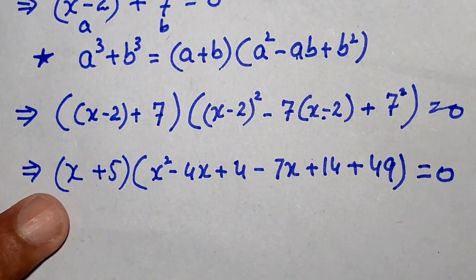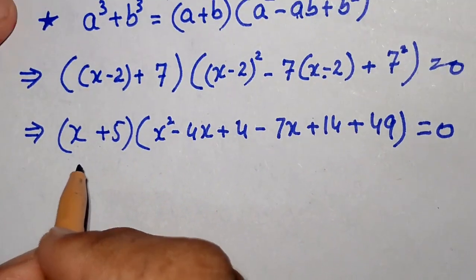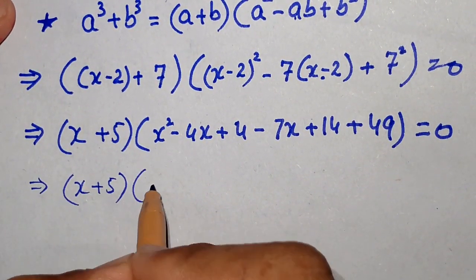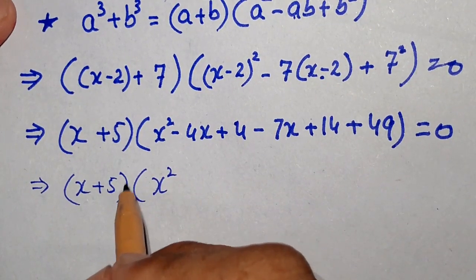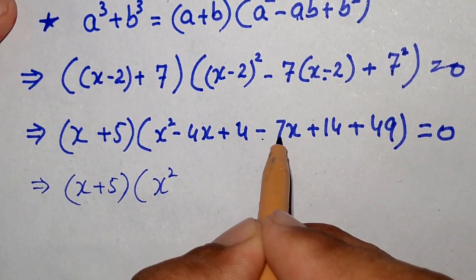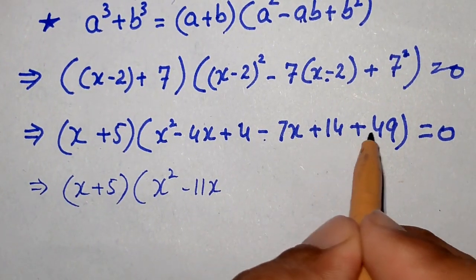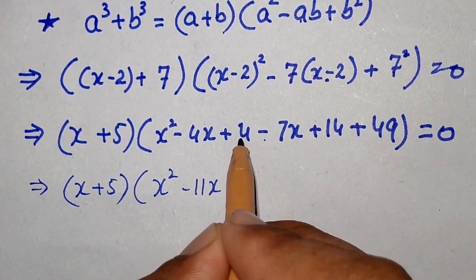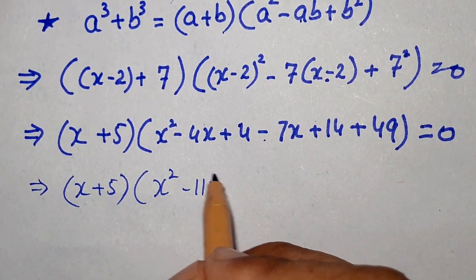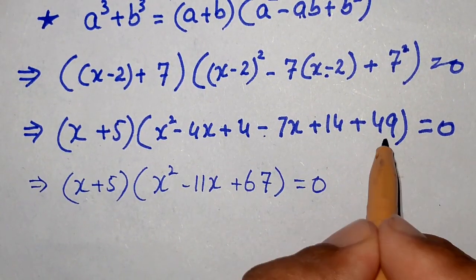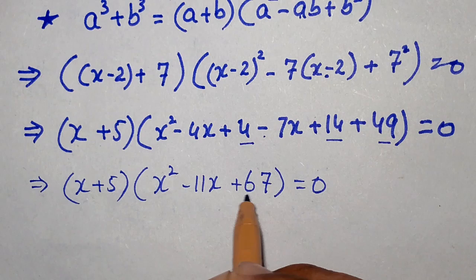Now in the next step, (x + 5) times (x² − 4x − 7x, this will become −11x, plus 49 + 14 + 4, this is equal to 67) equals 0.